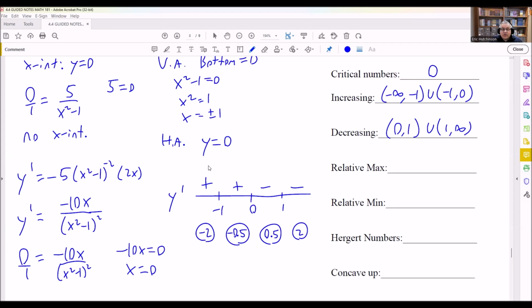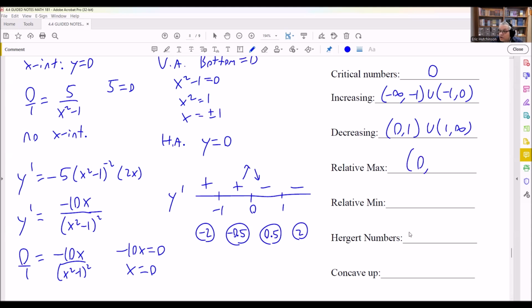Okay, so now the next thing we want to do is to find the relative max. Now, relative max we can do here because we've got a positive going up, and then we have a negative here. So it's increasing and then decreasing. We have a plus going to minus. That means that our relative max occurs at 0.